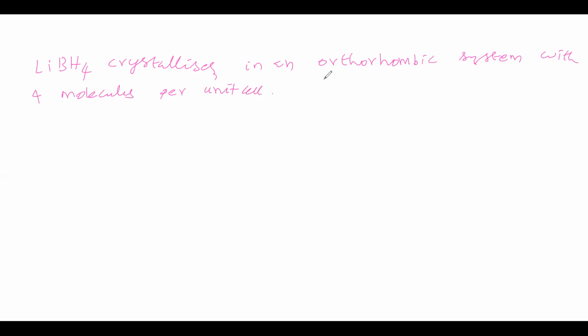The unit cell dimensions: a is equal to 6.8 angstrom, b is equal to 4.4 angstrom, c is equal to 7.2 angstrom.